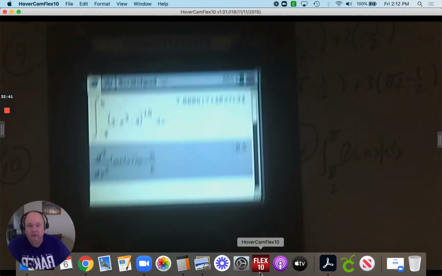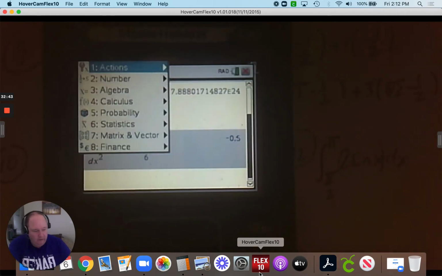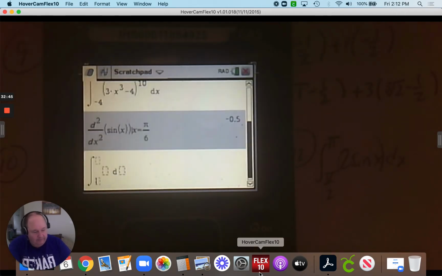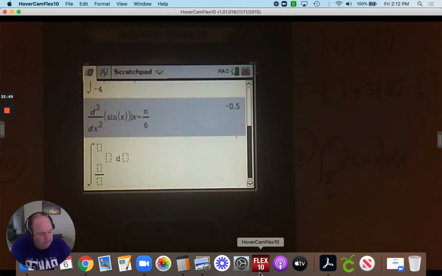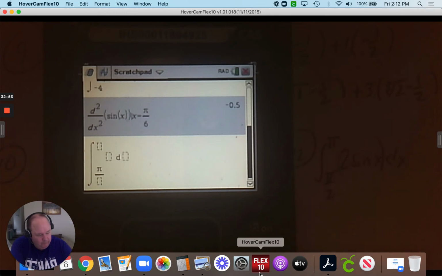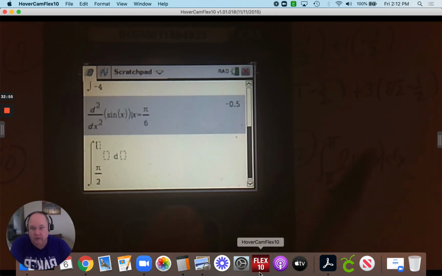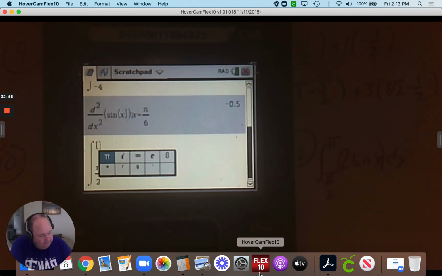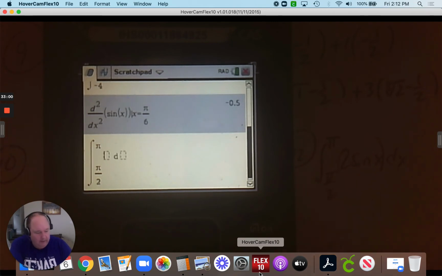And then this is what it's going to look like. So menu, calculus, integrate. So we're going to go from pi over 2 to pi. And then the integrand is 2 sine x dx.